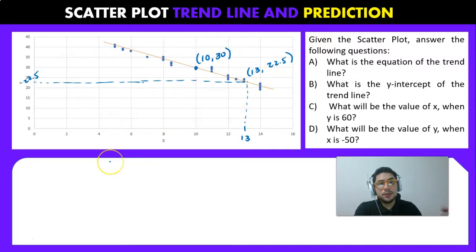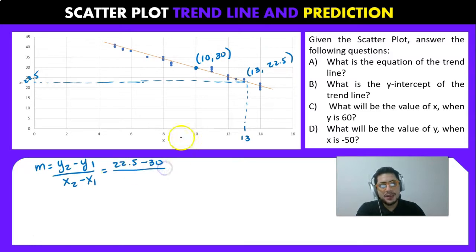And then whenever we have those 2 points, you can choose any other points from your trend line. Whenever we have those points, we can find the slope. So the m is going to be y2 minus y1 divided by x2 minus x1, right? So we have 22.5, which is y2, minus 30, which is y1, divided by 13, which is x2, minus 10, which is going to be our value for x1.